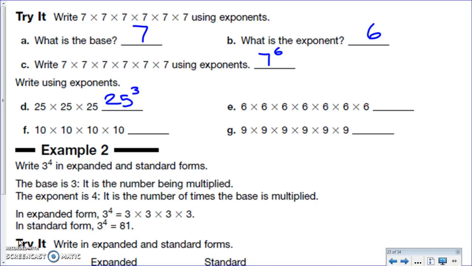So this is going to be 6 to the 7th power. For F, we have 4 tens, so it's 10 to the 4th. For G, we have 9 times 9 times 9 times 9 times 9 times 9. So we have 6 nines there. So it's going to be 9 as the base, 6 as the exponent.